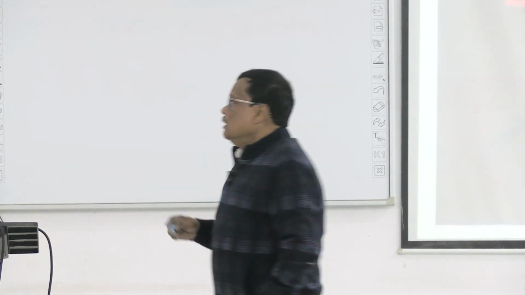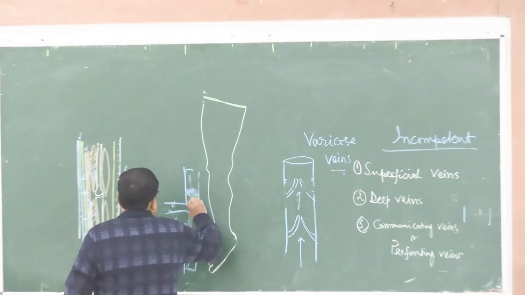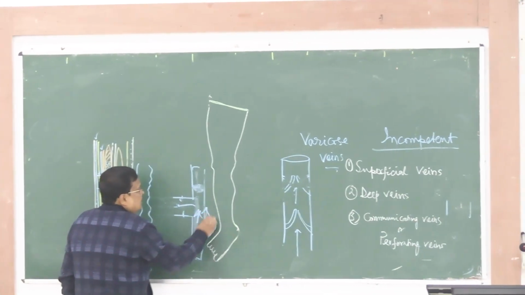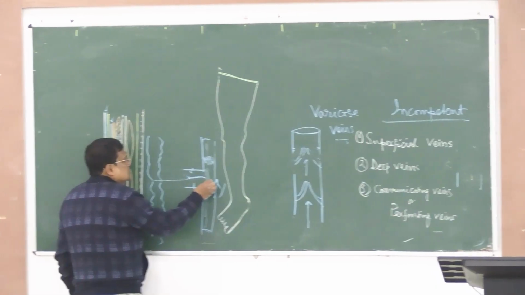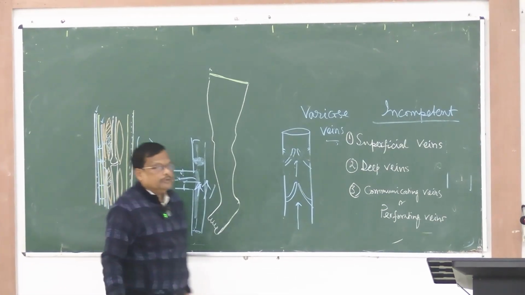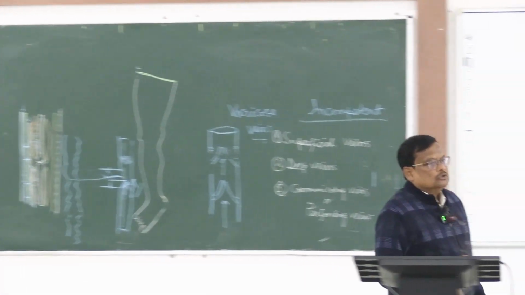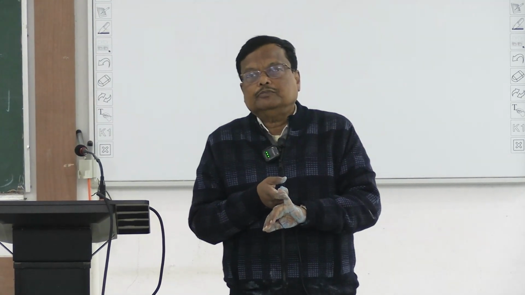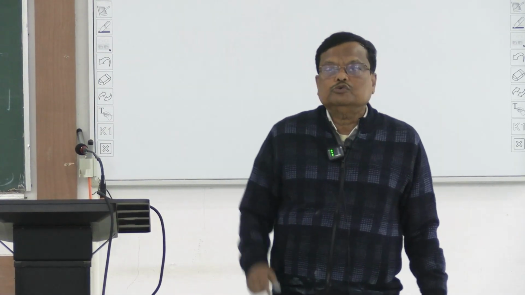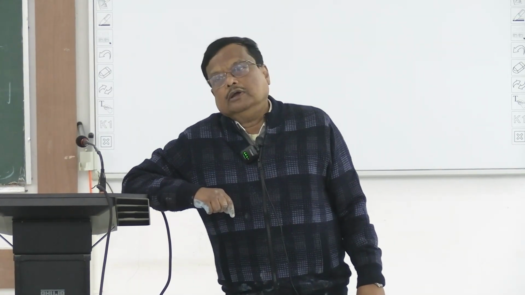Or better to say, when the pressure is too high in the deep veins, this too high pressure makes the valve incompetent, and again varicosity develops. So, incompetency of the valve, venous thrombosis, and high rise of intra-abdominal pressure may give rise to varicosity of the superficial veins of the inferior extremity.